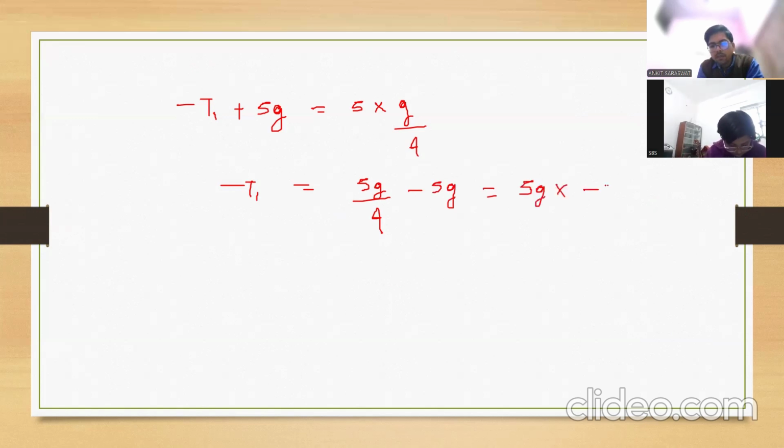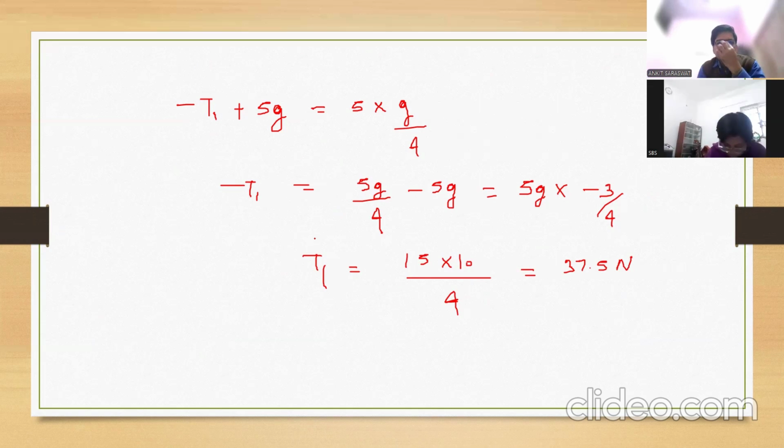It is minus 3 by 4. So what is the value of T1? Value of G you can take 10. Tell me. 37.5 Newton. If you solve, you will get this. 37.5 Newton. You can check.